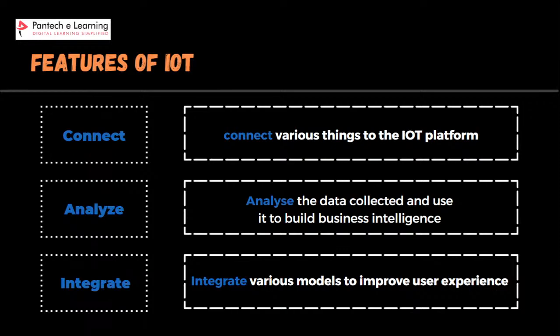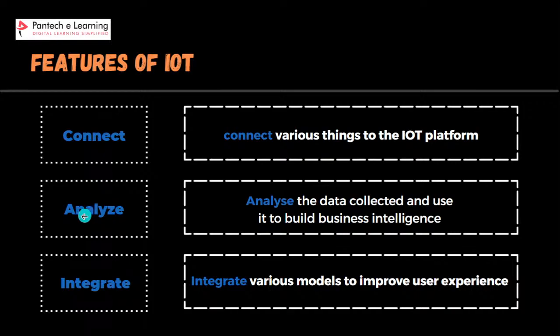Finally, in order to improve your system, you need to integrate it with various models to improve the user's experience as well. So let's say there is a personalization module, or there is an aspect where I can directly connect to my providers. This provider can be Amazon or Flipkart, or it could be my retail store next to me.